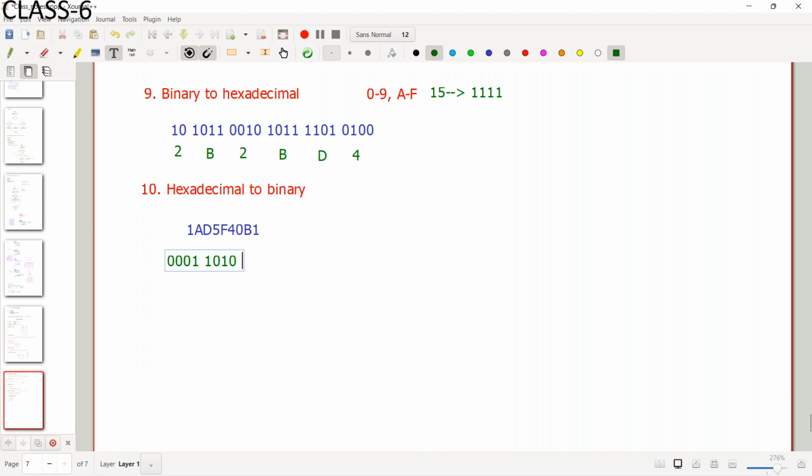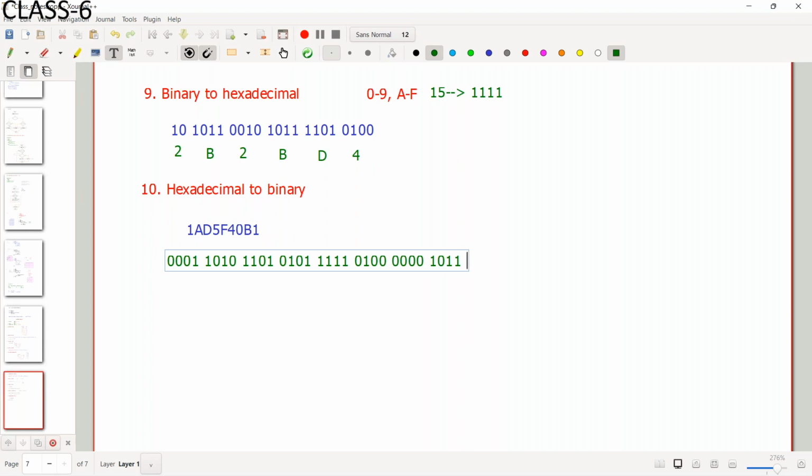A is nothing but 1010. D is nothing but 1101. 5 is 0101. Then F is 1111. Then 4 is 0100. 0 is 0000. B is nothing but 1011.